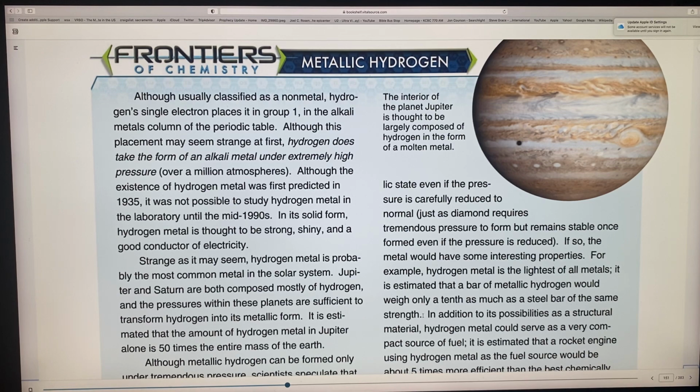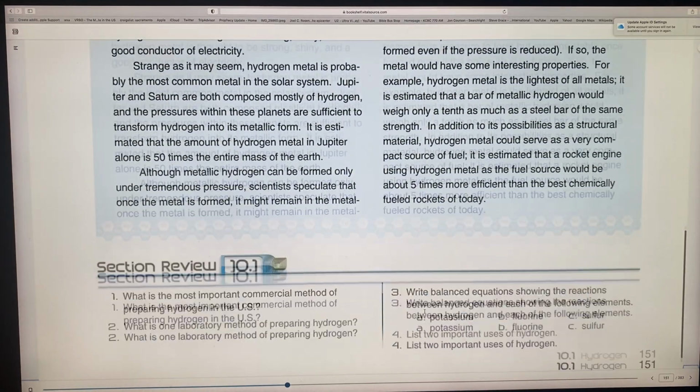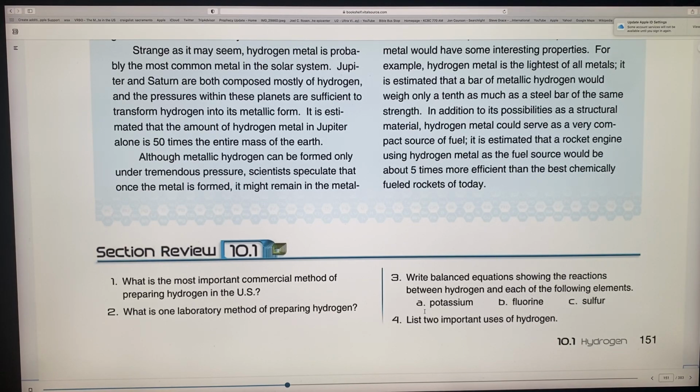So that's about it for hydrogen. Let's go on to the questions here, and then we'll be done with hydrogen. What is the most important commercial method of preparing hydrogen in the United States? Well, remember the steam reforming, taking hydrogen out of the water vapor.